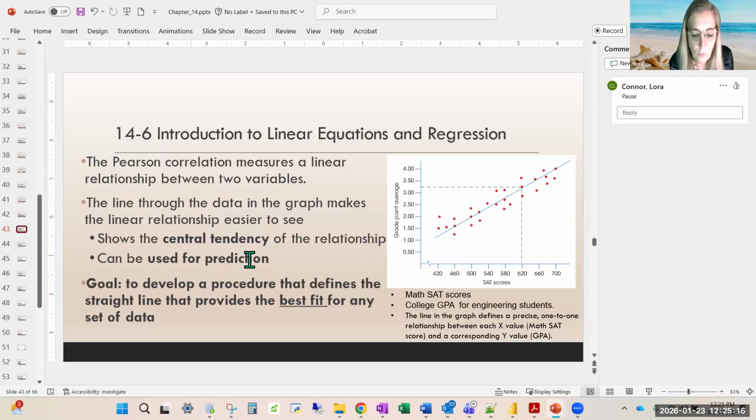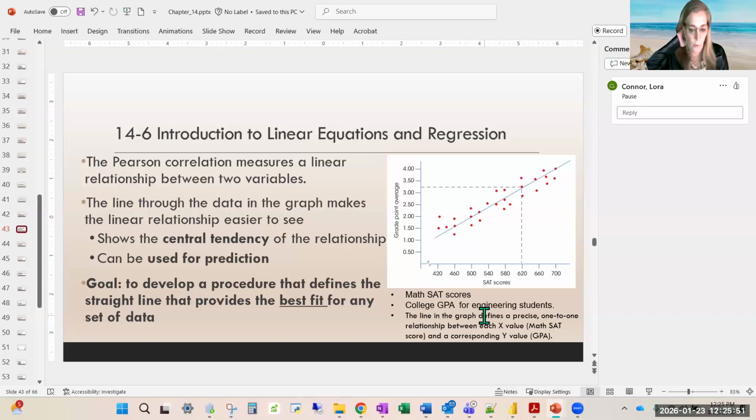And it can be used for prediction. So say I can calculate the regression formula that's related to this particular set of data, I can use it to later predict scores. Maybe I have someone's SAT scores, but I don't know what their grade might be in the future if they were to be entered into my graduate program.